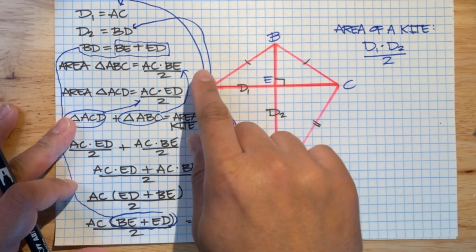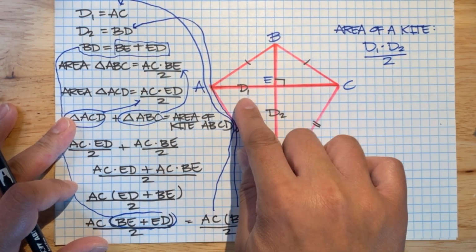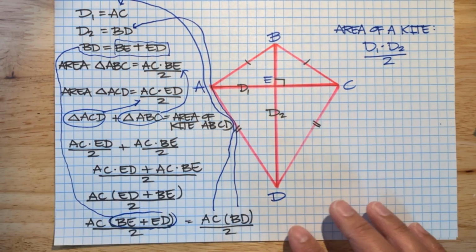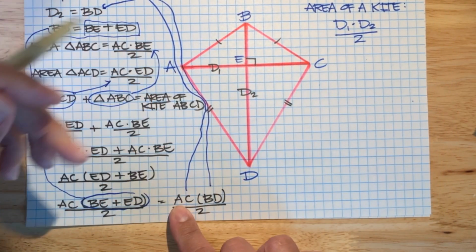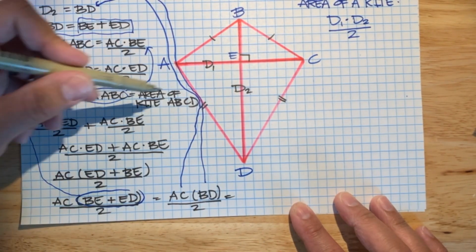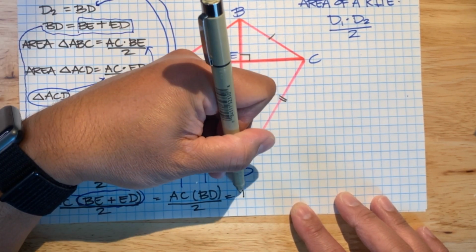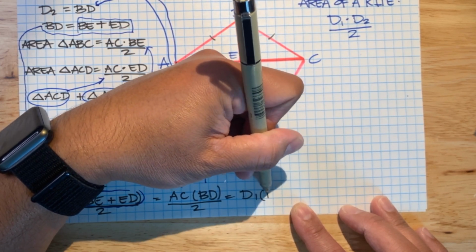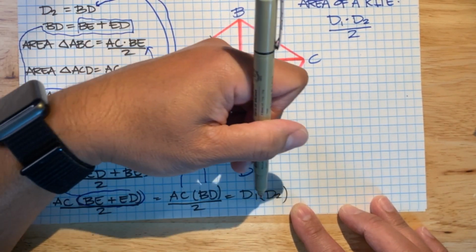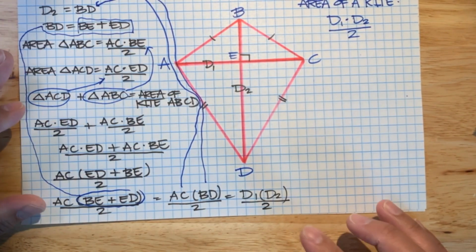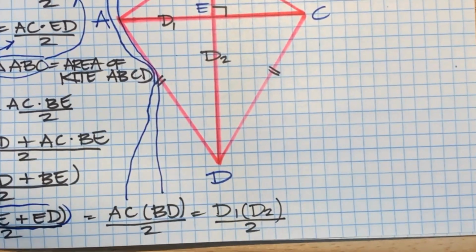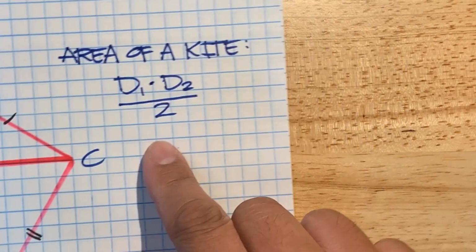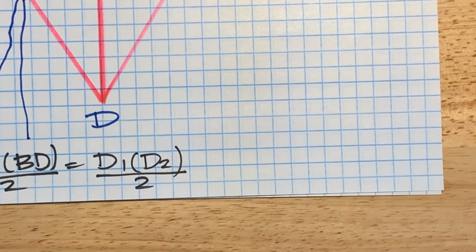Also, we wrote that in our diagram. AC is diagonal 1 and BD is diagonal 2. So we can do some substitution. Instead of AC, we could substitute AC as we stated with diagonal 1. And we could substitute BD with diagonal 2. And we divide it in half. And that, my friends, is how we derive algebraically the formula for the area of a kite.